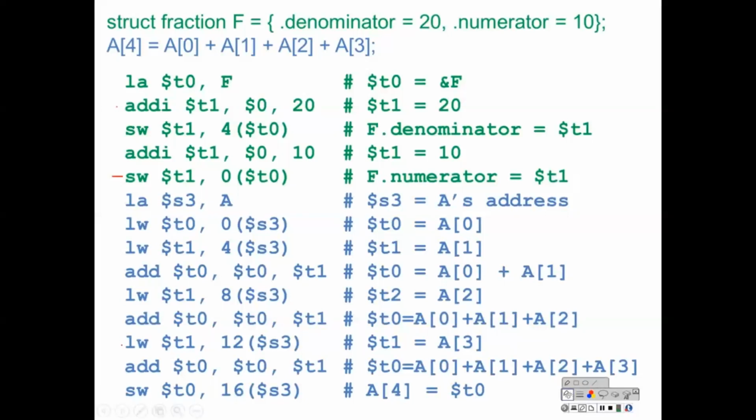Load in the value of A3 into a register. Again, remember, A3 is 3 times the element size of the array, which is 4 bytes, offset from the beginning. Add the value that we just read from A3 into the T0 register, and we've got the summation of the 4 elements of the array. Store that value out to the 16-byte offset from the beginning of the array, which corresponds with the 4th index, or rather A4.